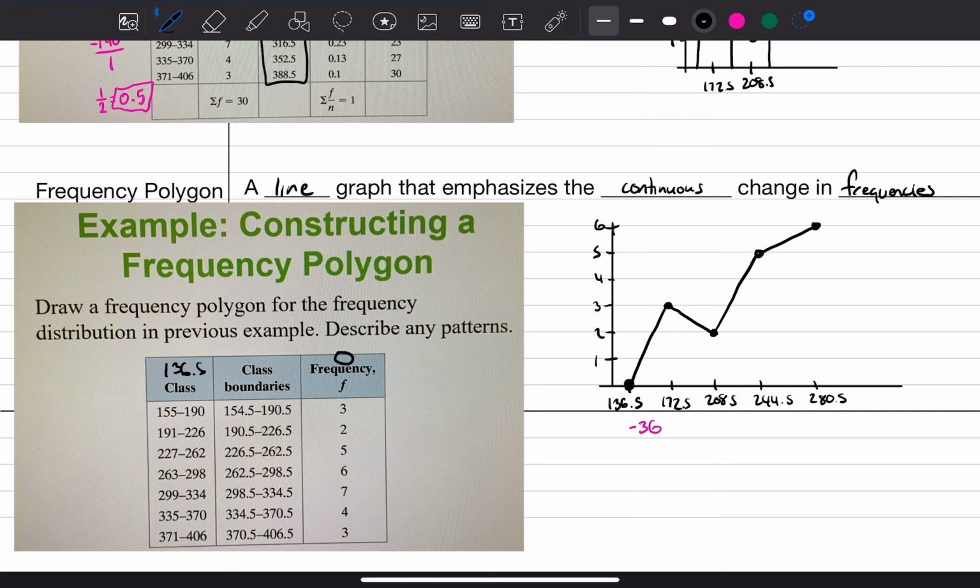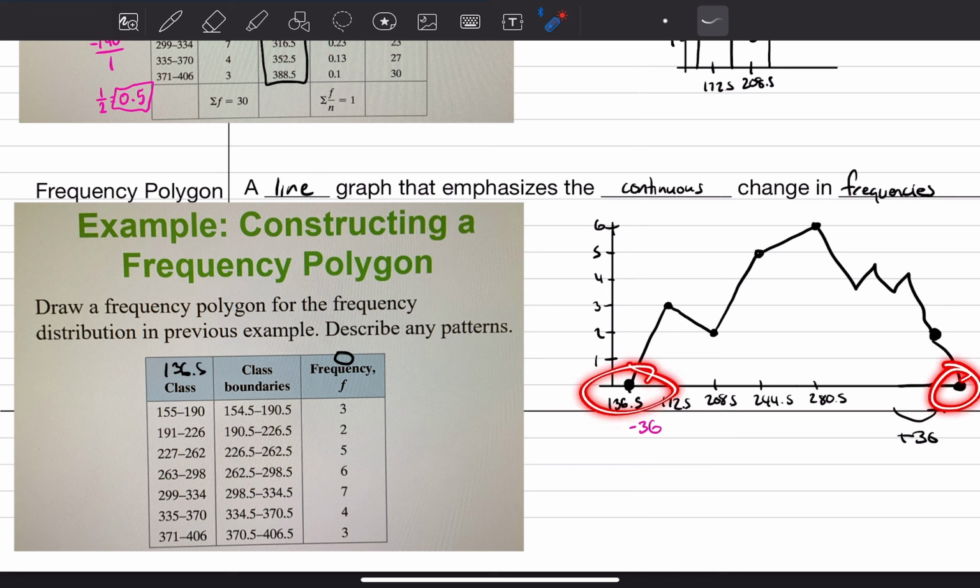If I were to finish this line graph, whatever it's going to end up looking like, if it doesn't end at 0, and it's not, right, extend that also one class width so that it does end at 0. So with these frequency polygons, you should always start and end at 0. And we do that by extending one class width over to the left and one class width over to the right.